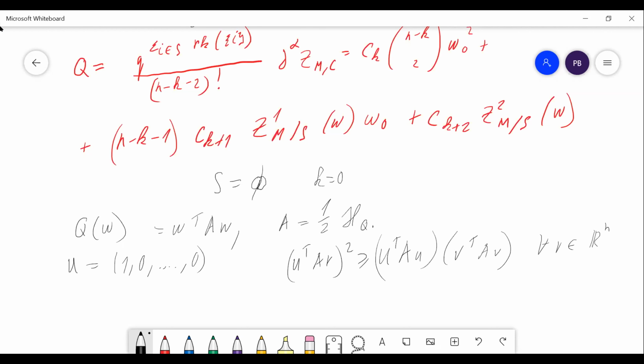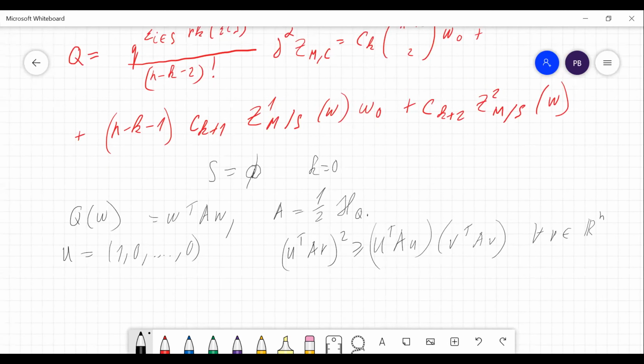So we can definitely consider the vector v not to be a multiple of the vector u, because this whole thing just reduces to equality if it is a multiple.